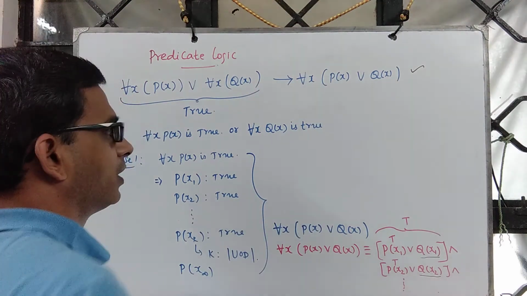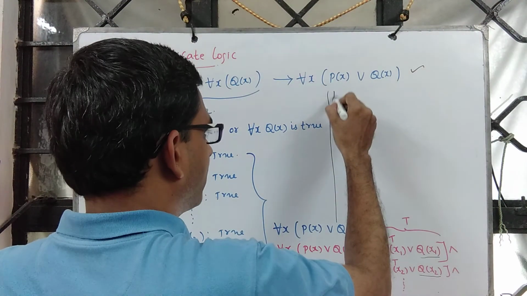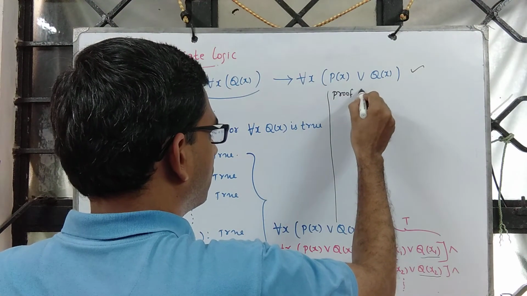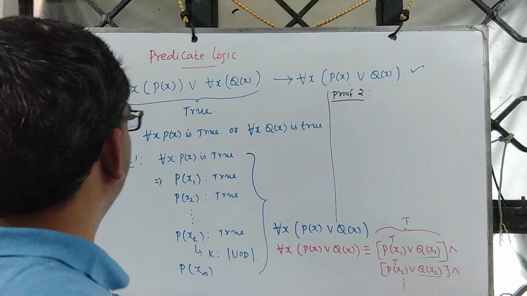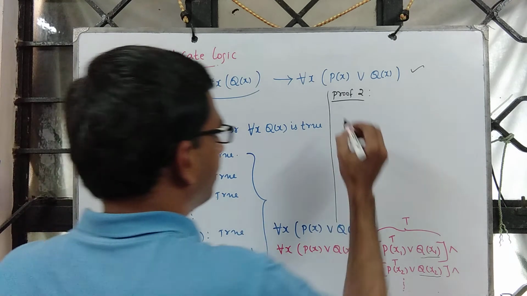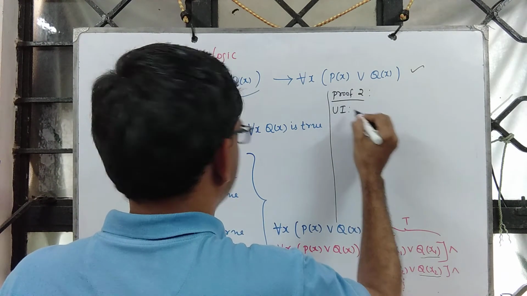Okay. So this is one, and one can also prove it like this. For all x, p of x, perform universal instantiation.